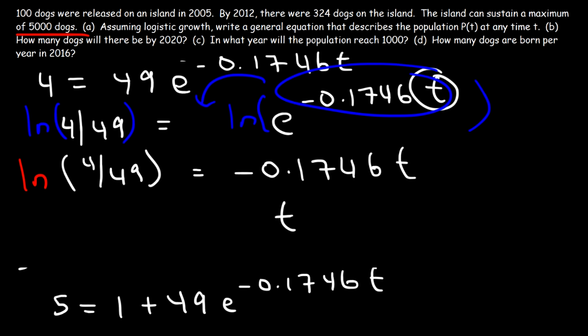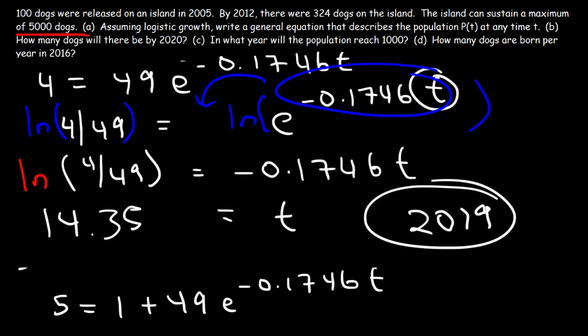So then t is equal to ln 4 over 49, which is negative 2.5055, and then take that divided by negative 0.1746. And so t is 14.35. So it's going to be about 14 years from 2005. So by 2019, the dog population will hit 1,000. It's going to be somewhere between 2019 and 2020.